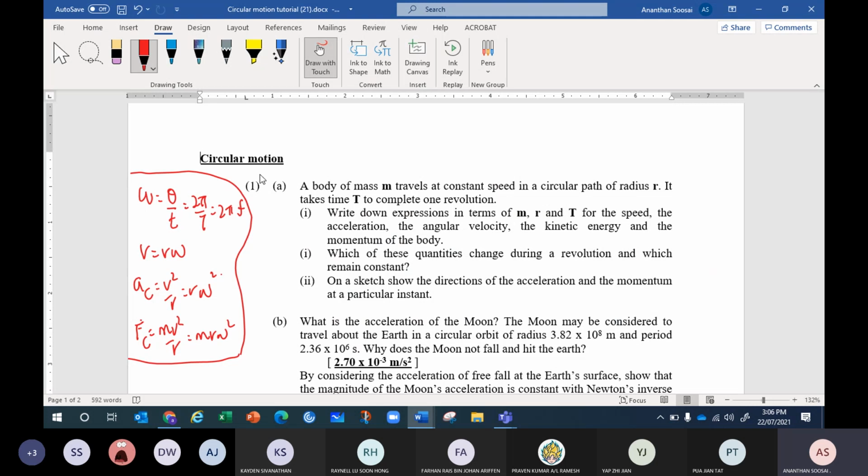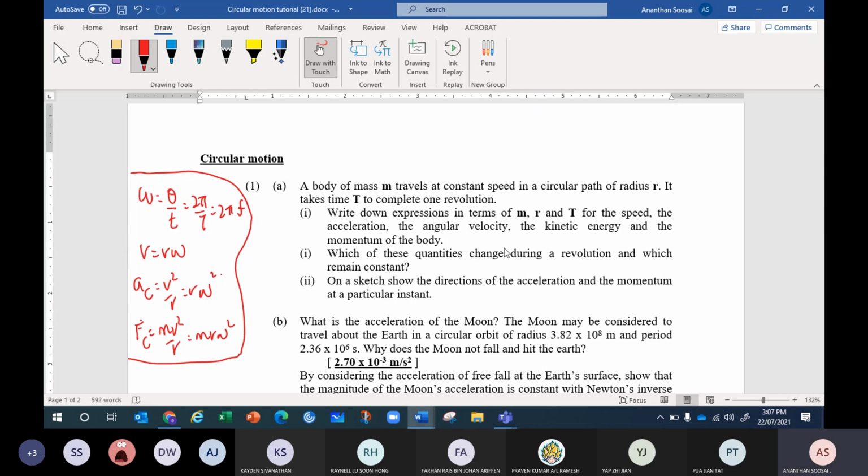First question, come on. Let's discuss together. Meantime, I'll be asking you some questions, so you try to give your input. The first one: a body of mass m travels at constant speed in a circular path of radius r. It takes time T to complete one revolution, where T is the time taken for one revolution.